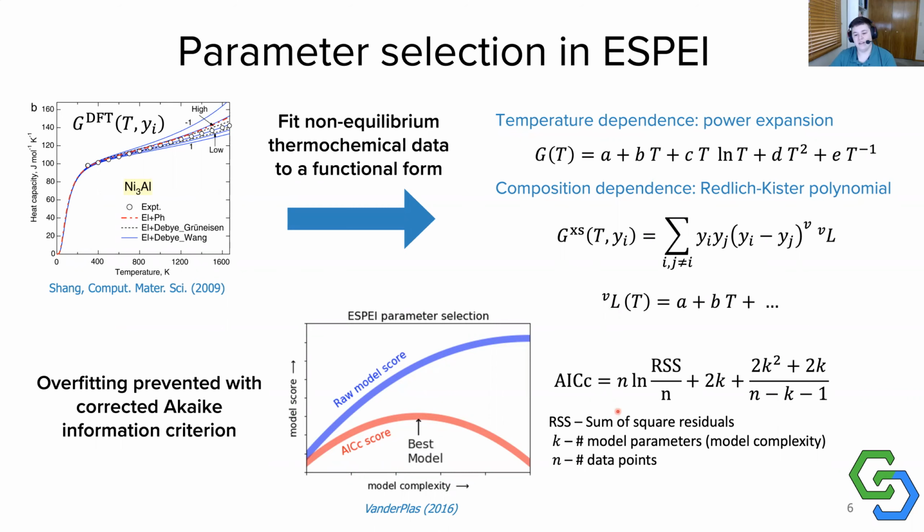The model score is this RSS, the residual sum of squares, and we penalize lowering the residual sum of squares by adding penalty terms for the number of parameters, and then this correction term here that penalizes the number of data points that you have. So if you don't have very much data, even more so, you shouldn't be adding more parameters. And that's what this AICc tries to capture.